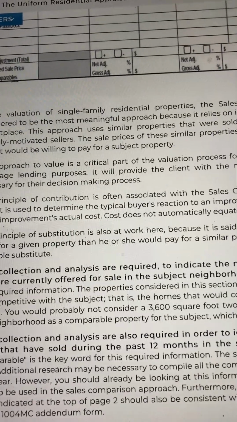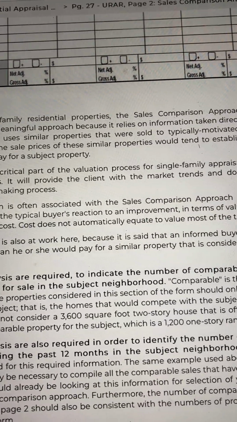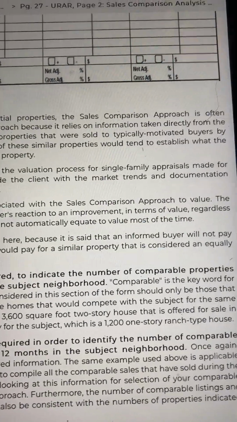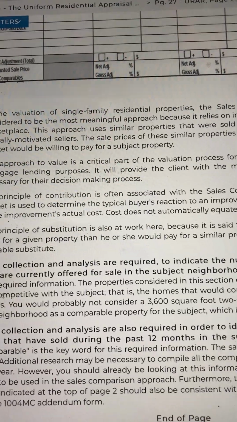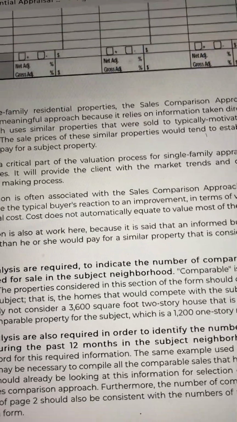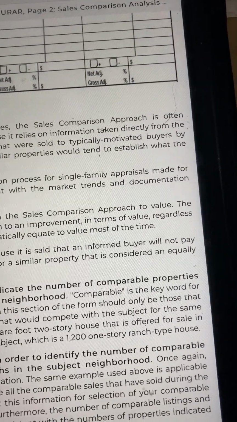You would probably not consider a 3,600 square foot two-story house that is offered for sale in the neighborhood as a comparable property for the subject, which is a 1,200 square foot one-story ranch type house.